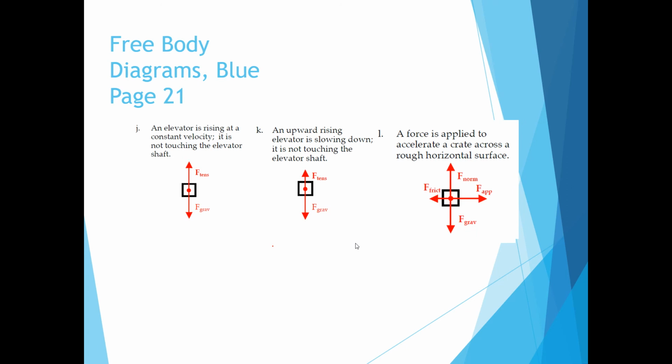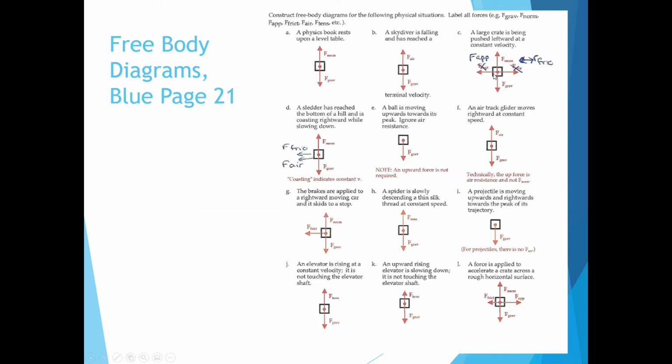And since we want it balanced in the up and down, our normal and gravity are going to be equal. And if it's accelerating, so kind of speeding up, we're going to have a larger applied force going to the right and a smaller friction force to the left.